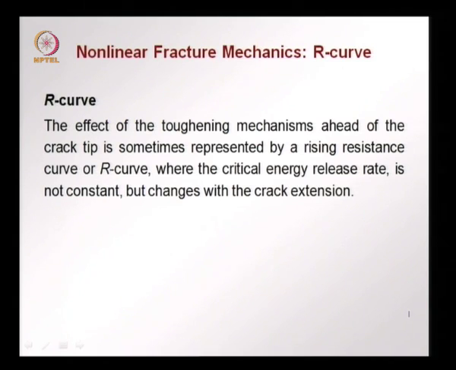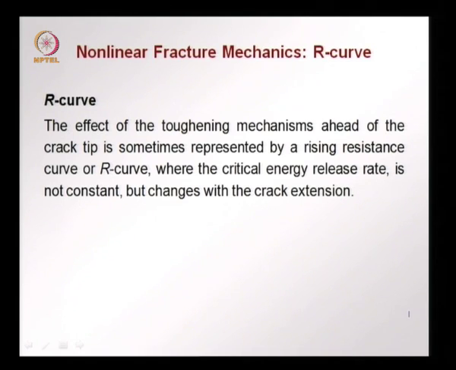Here what we do is, instead of a constant fracture energy, the GC that we saw earlier in the fracture criteria according to linear elastic fracture mechanics, we have a variable fracture energy called the R curve.